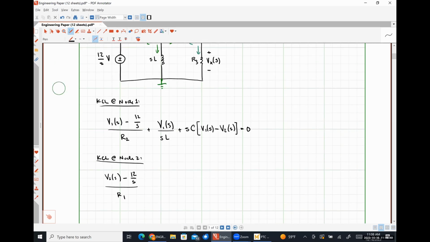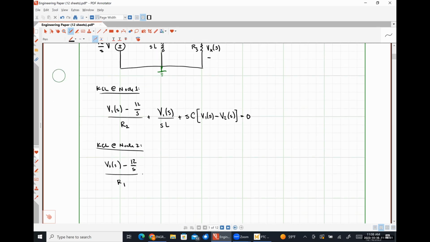Now the current flowing to the left through the capacitor is going to look like SC times V2 minus V1. And then lastly, we have our current flowing down through resistor R3, which is just going to be V2 divided by R3, and set this equal to 0.